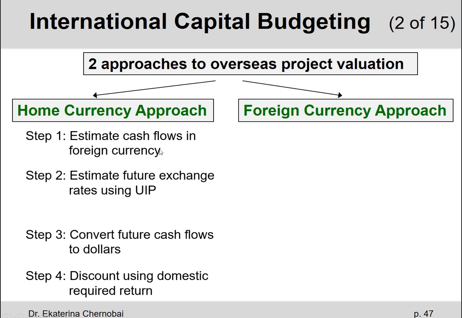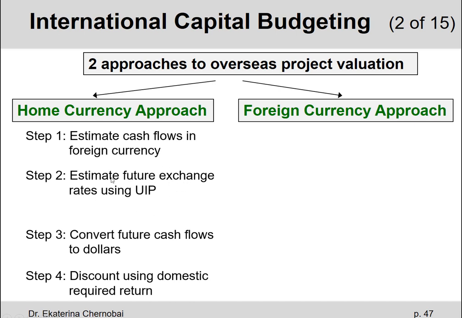And then the idea is we want to convert those foreign currency cash flows into the home currency, into the dollars, as quickly as we can. So to do that, we would need to know which exchange rate to use for each year's cash flow. So we estimate future exchange rates.